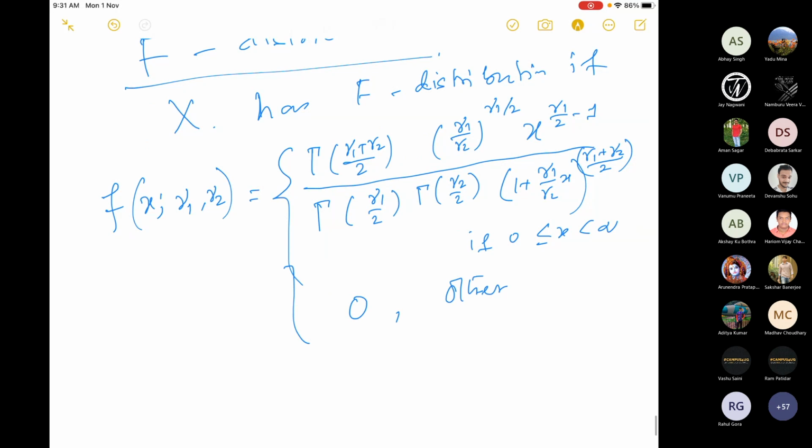This is a little complicated, but it doesn't matter. Here mu1 and mu2 are positive.